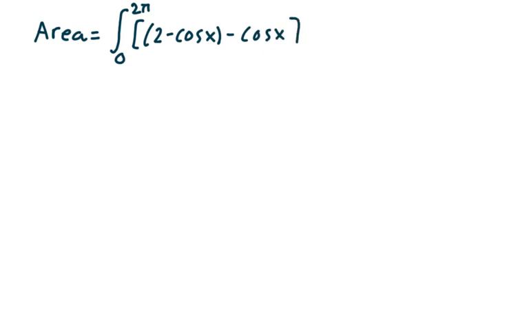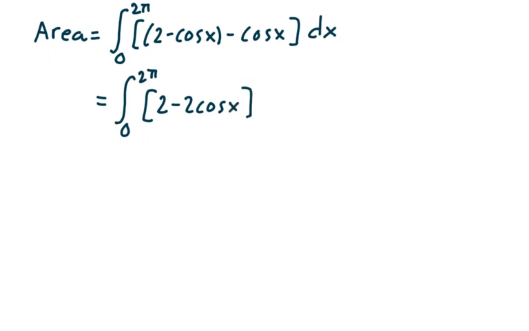So you get the area is the integral from 0 to 2 pi of 2 minus cosine x minus cosine x with respect to x, which is the integral from 0 to 2 pi of 2 minus 2 cosine x dx.